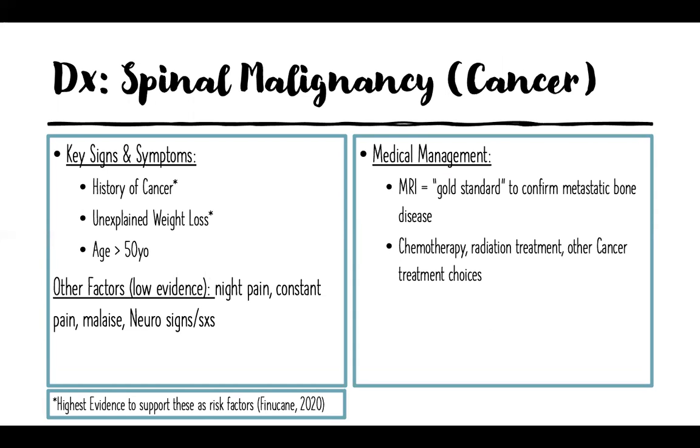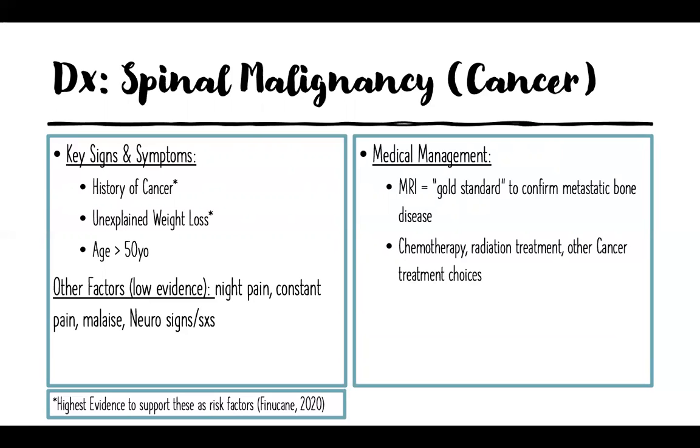So key signs and symptoms we want to be screening for. Highest evidence really supports the top two, which is history of cancer. As we said, a common secondary site is the spine, so history of another type of cancer could raise our suspicion of this as serious spinal pathology.